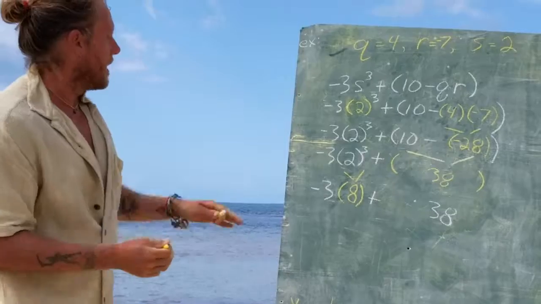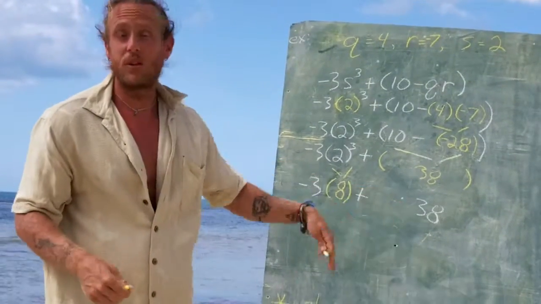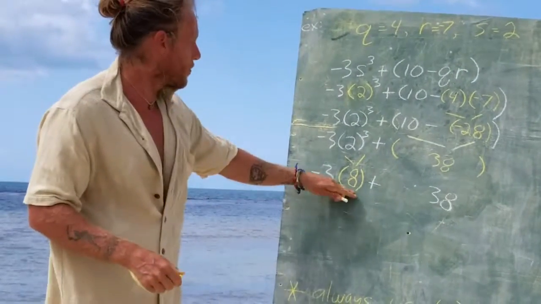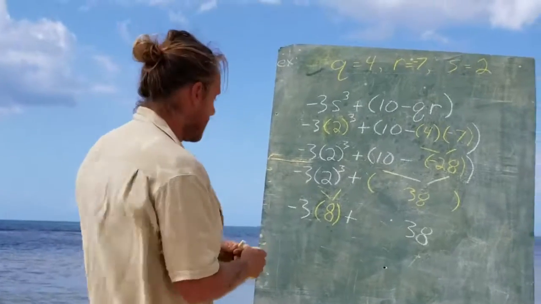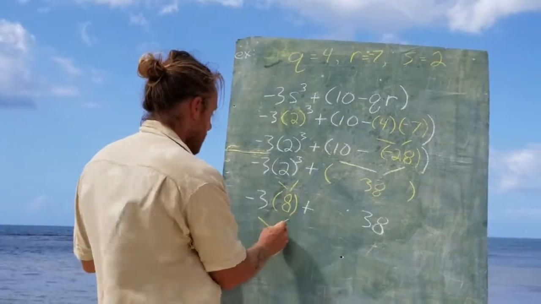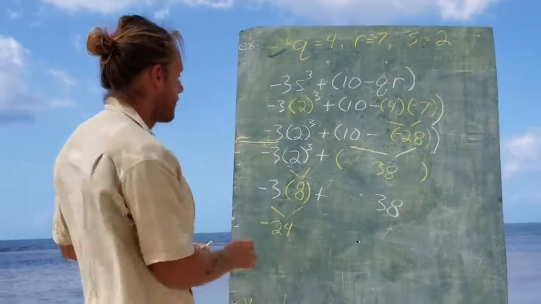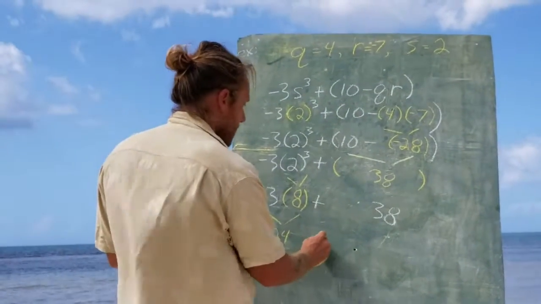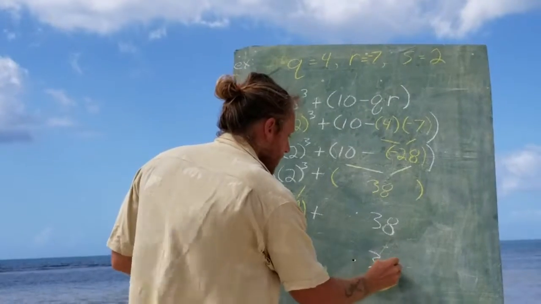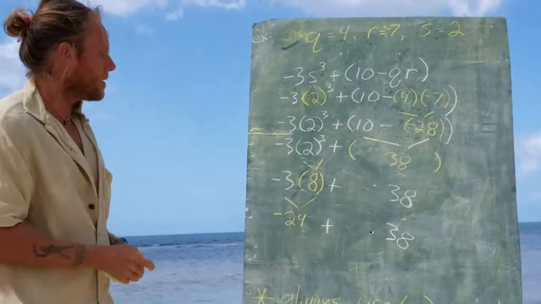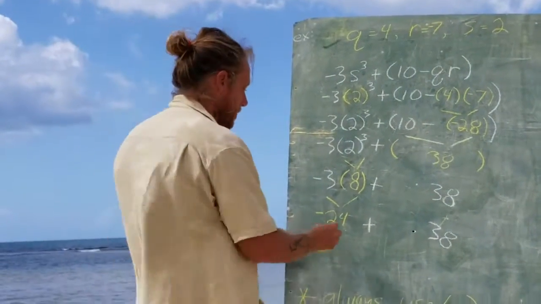All right. Now we have multiplication and addition. We do multiplication first. A negative 3 times 8 is negative 24, plus 38. One item left to do.